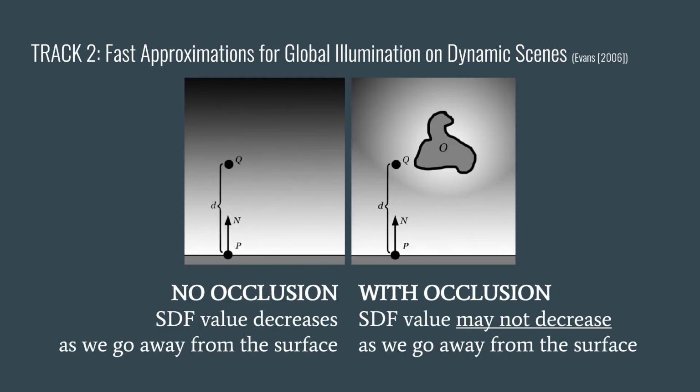What if we don't have anything in the air? Then the SDF value will just decrease as it goes up to the sky. That means we can expect the SDF value of a point depending on its position. Then we have occlusion. Then what? The SDF value changes and we have to take a new obstacle into account as well.